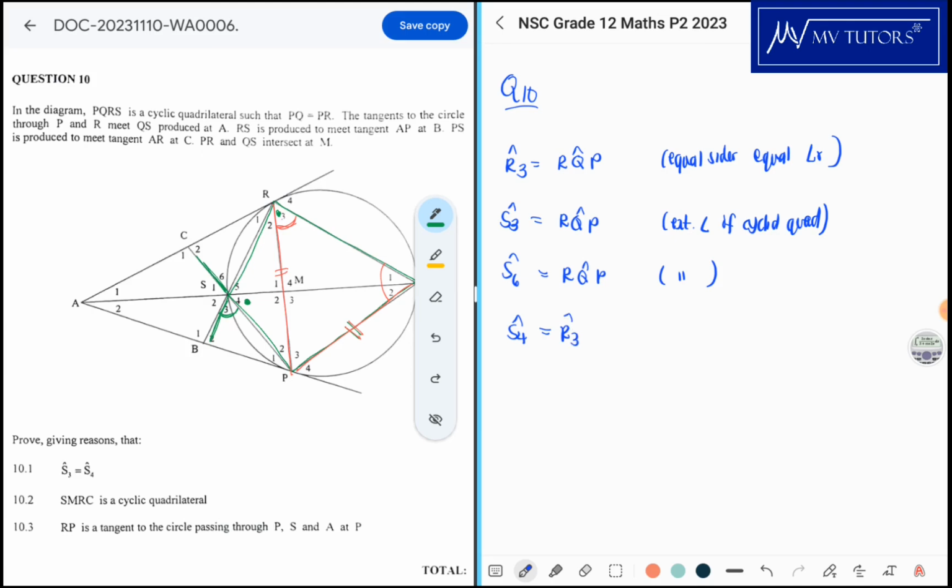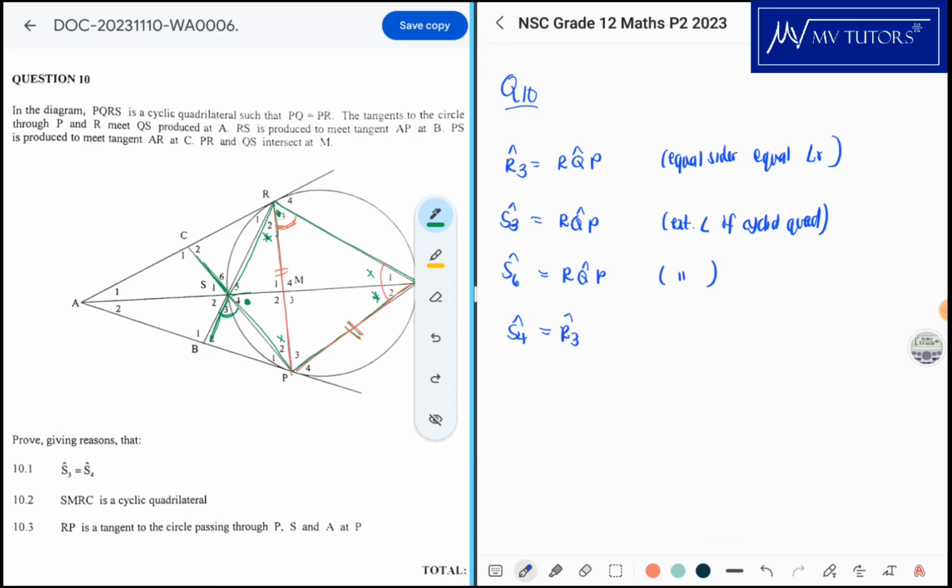What else do I see? Also, R2 is equal to Q2. What else? I'm looking at angles subtended by the same chord. Also, I can see that P2 is equal to Q1.